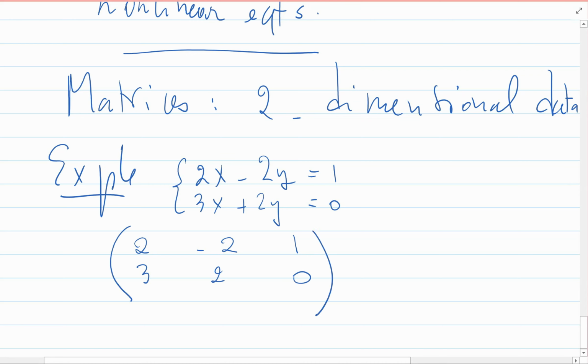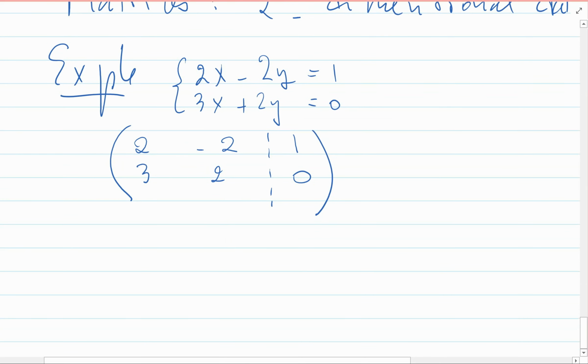Of course, 1 and 0 are the non-homogeneous terms. This is known as the augmented matrix associated to the system. It has all the coefficients.